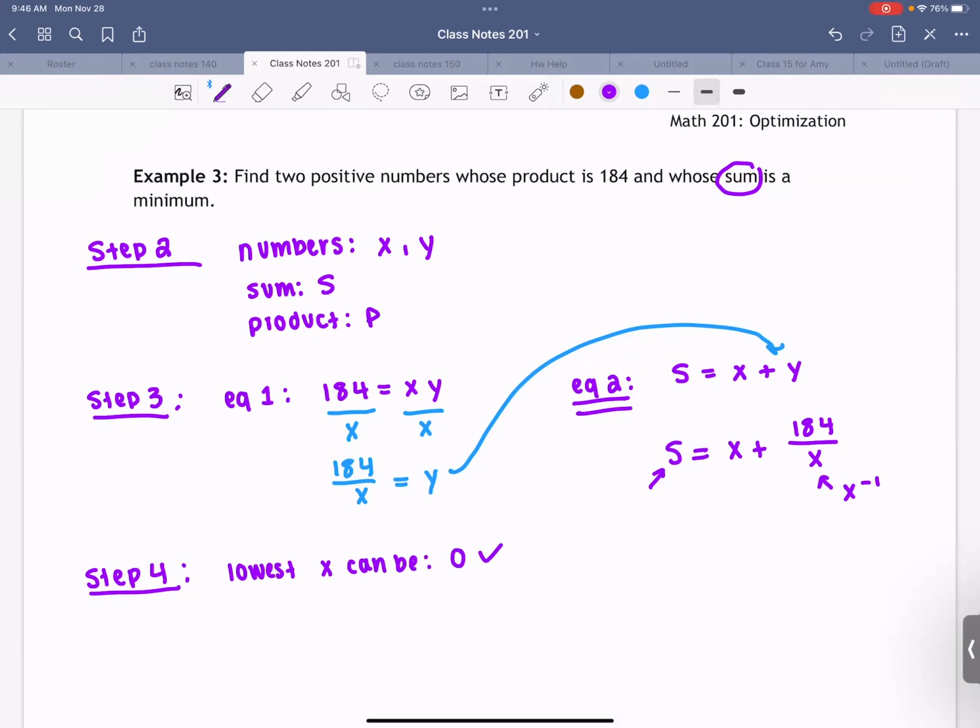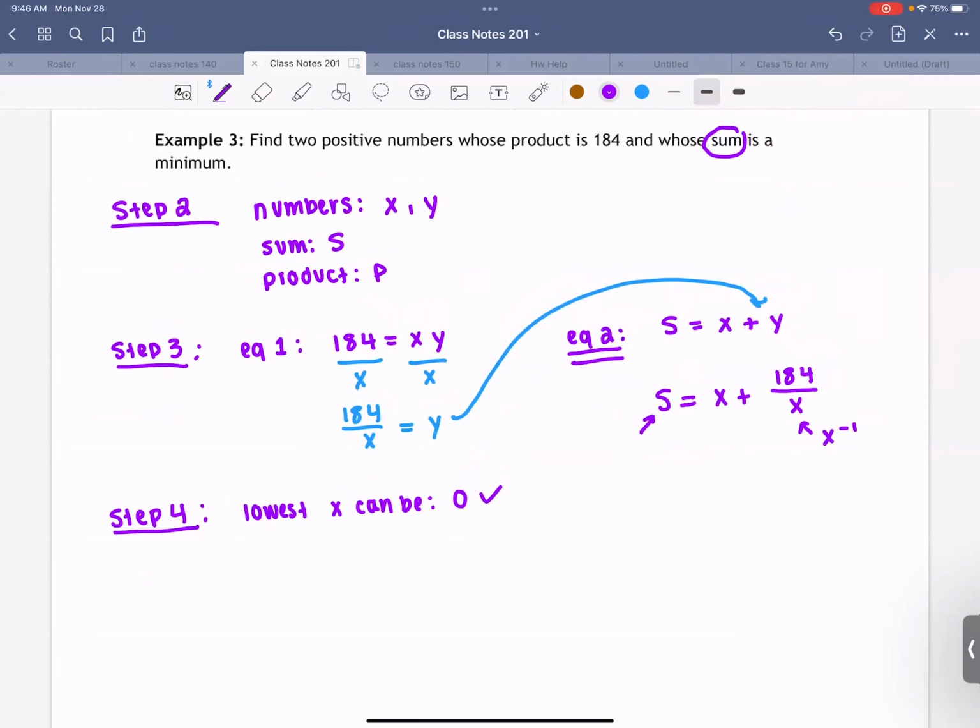We said 0, and that makes sense because they have to be positive numbers. You said 97 is the largest that x can be. Any ideas on any higher values of x? 184, all the way up to 184. I hear infinity. I hear 184. Let's do 185. Let's say x equals 185.